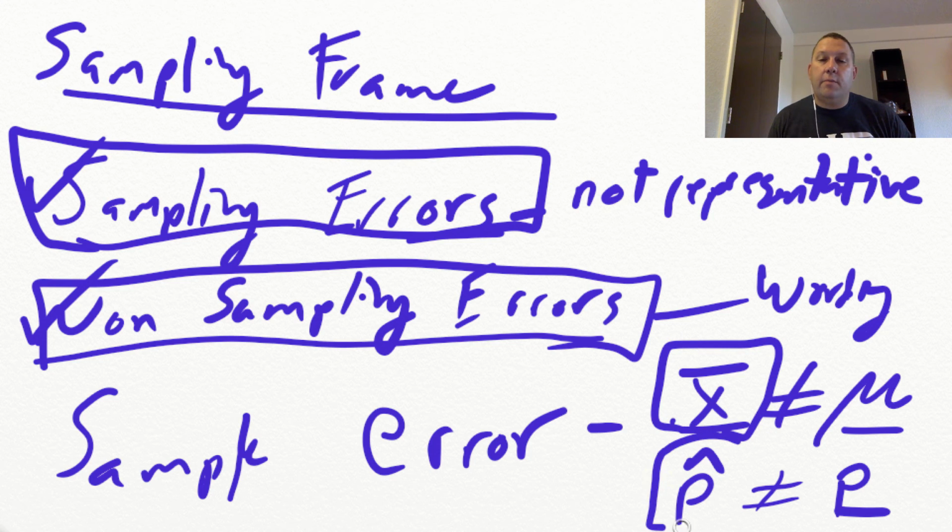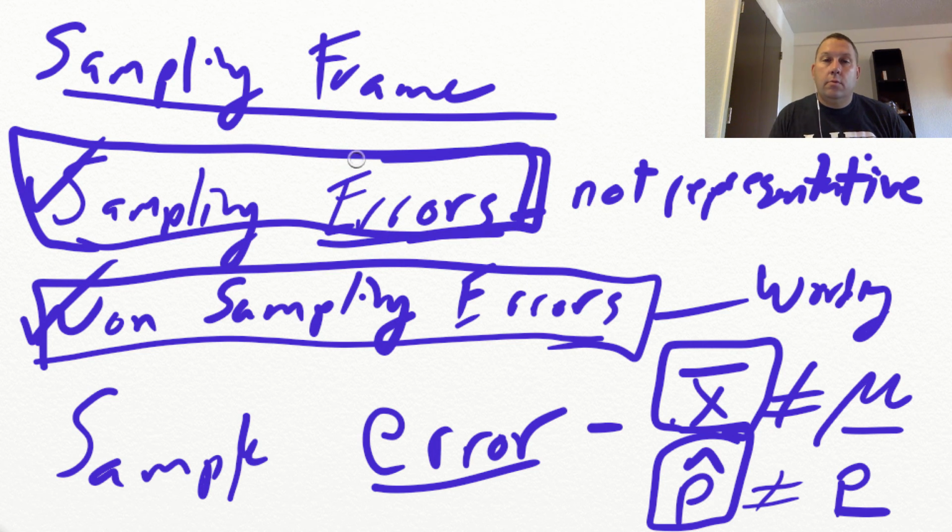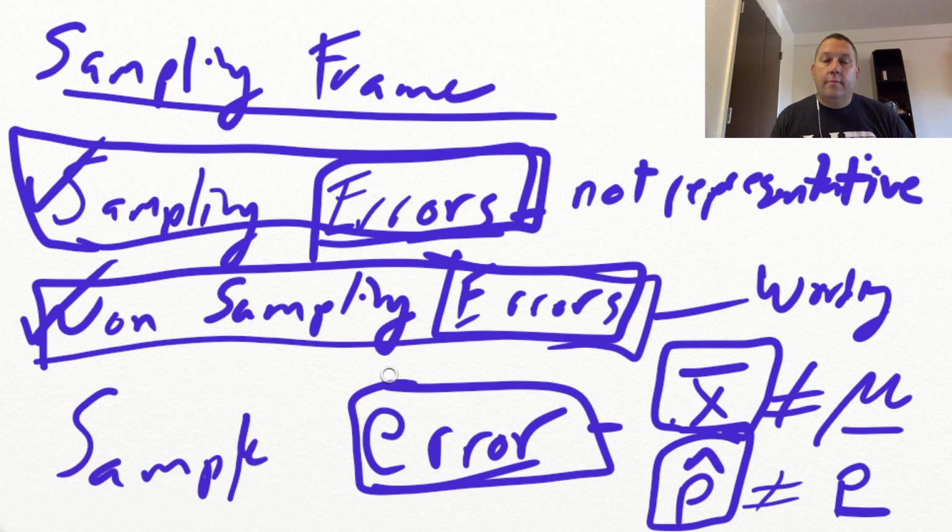It's based off of a sample. p hat is a statistic. It's based off a sample, and it's a proportion. That difference between them is what's called error, because it means they're not equal. Doesn't mean wrong, just means different. So these errors mean wrong. This error means different.